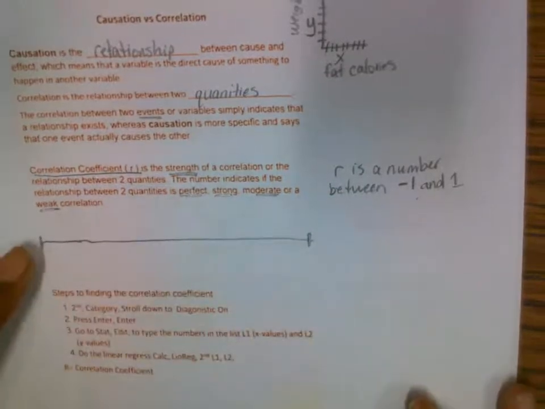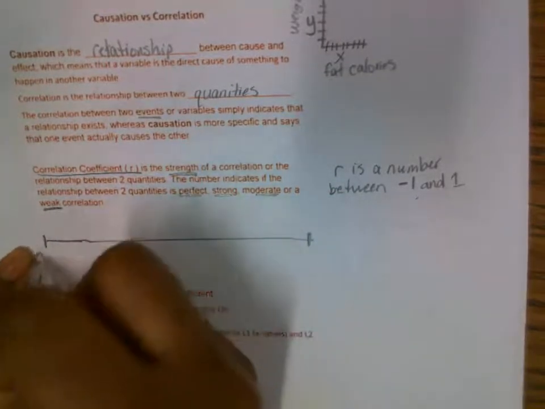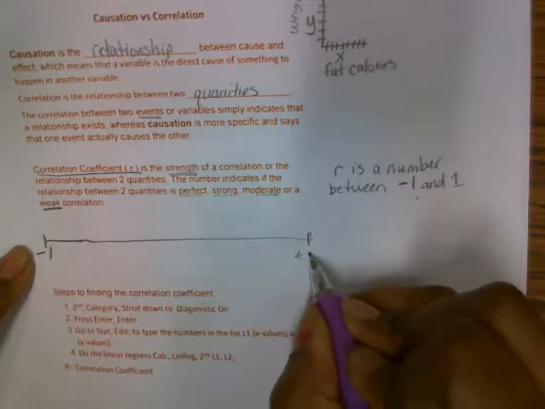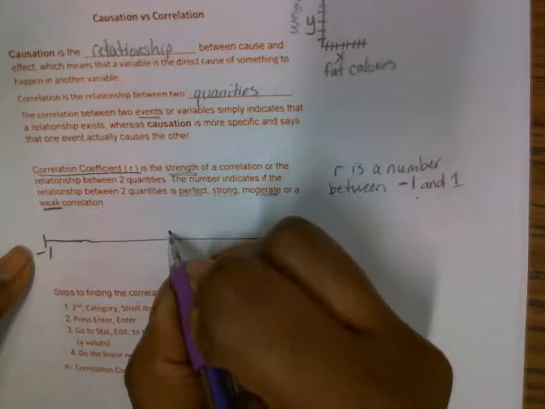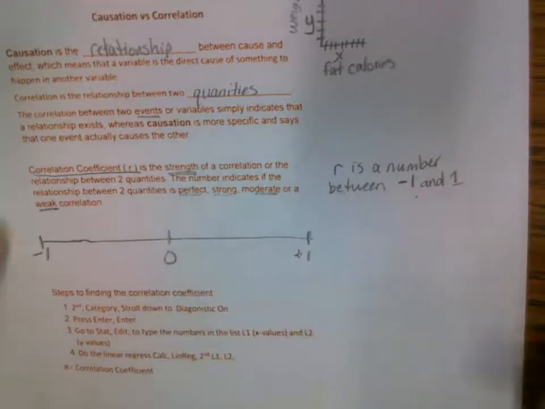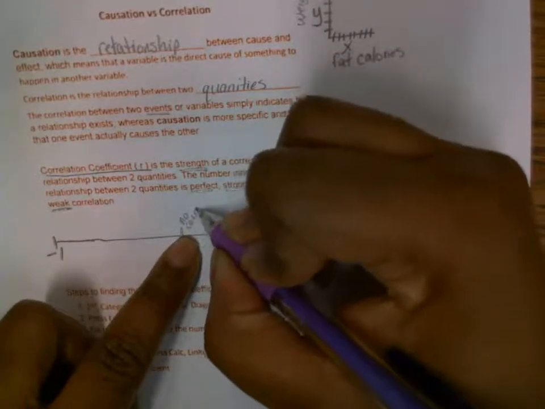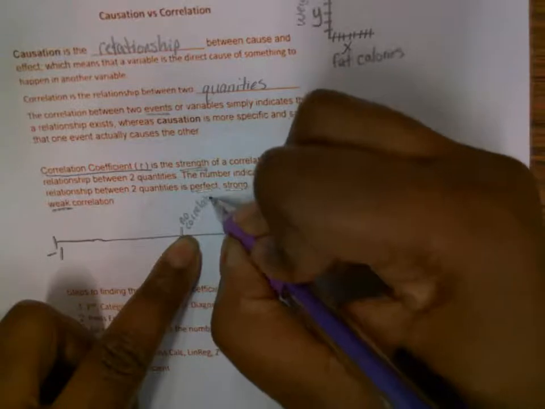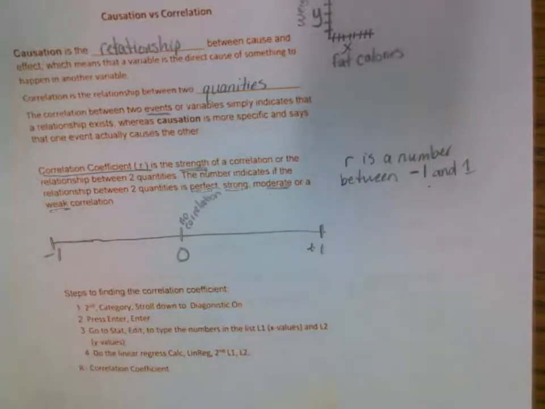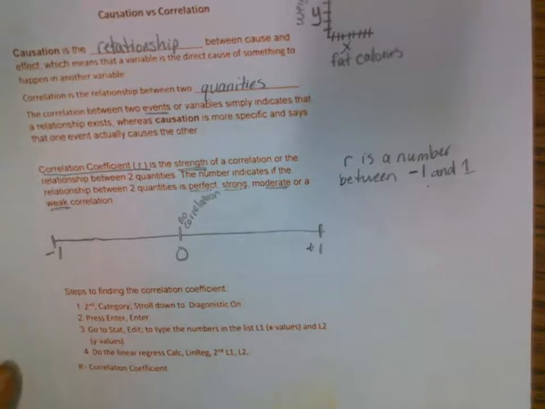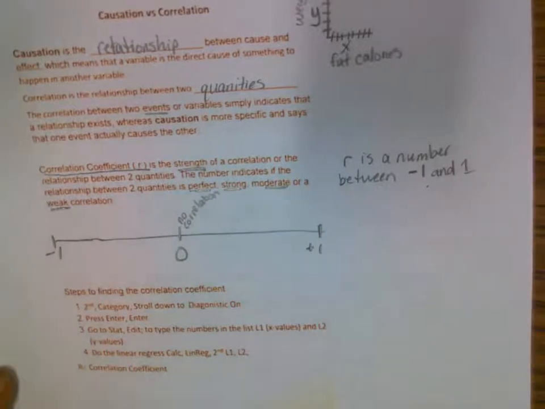Okay. So now let's talk about what those numbers mean. Your R is between, of course, -1 and +1. And of course, in the middle is 0. The closer that the numbers get to 0, the closer it gets to no correlation, absolutely no correlation. All right.